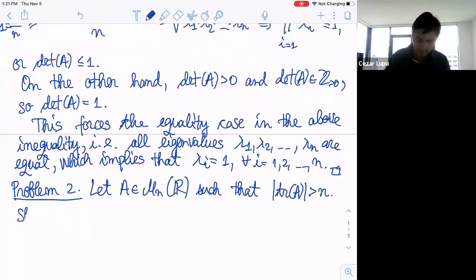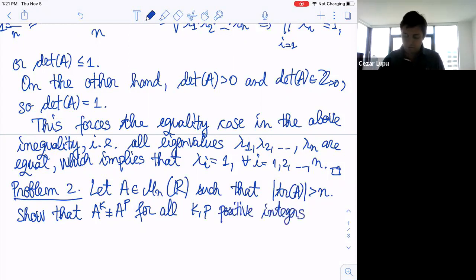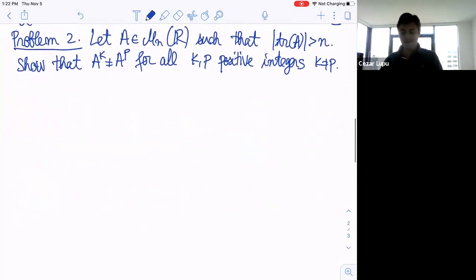Show that A to the power k is different than A to the power p for all k, p positive integers, and k is not equal to p. Okay. I want you to look at this problem for a bit.